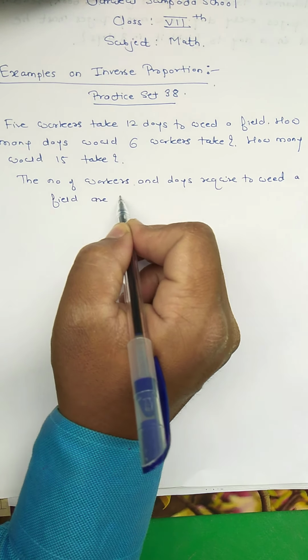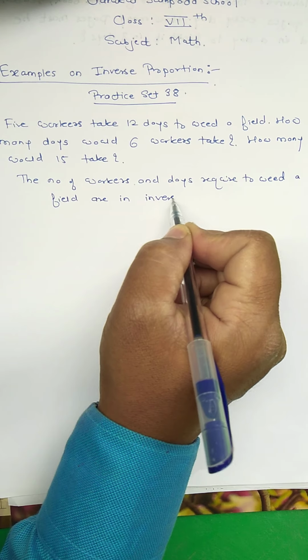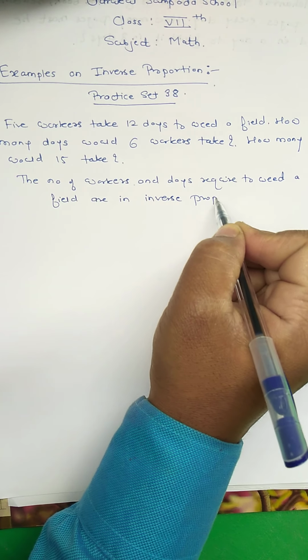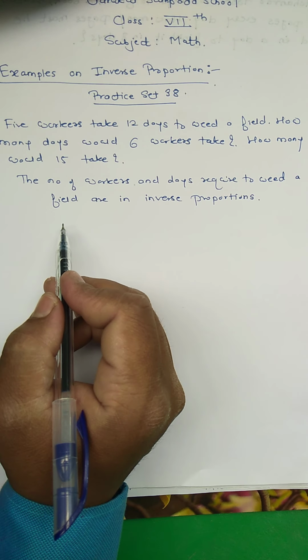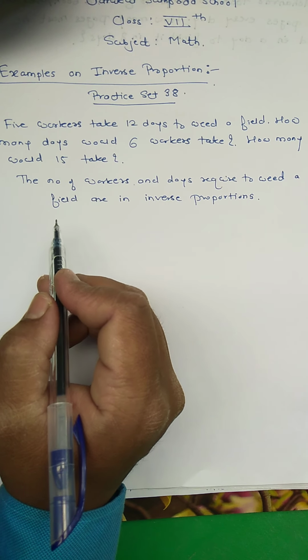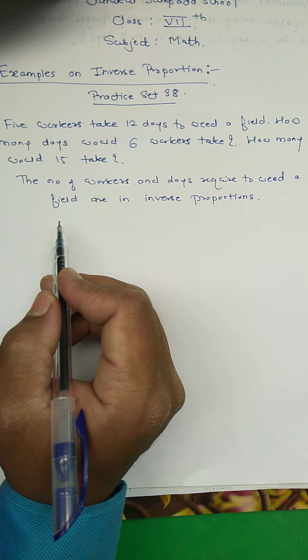are in inverse proportion, because if the number of workers increases, then the number of days required to weed a field decreases.